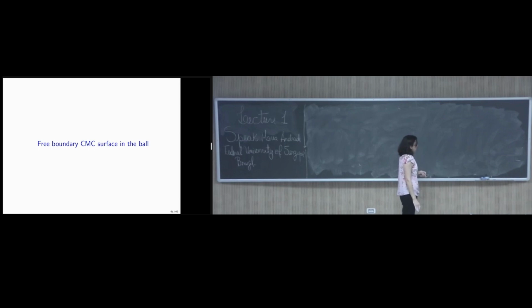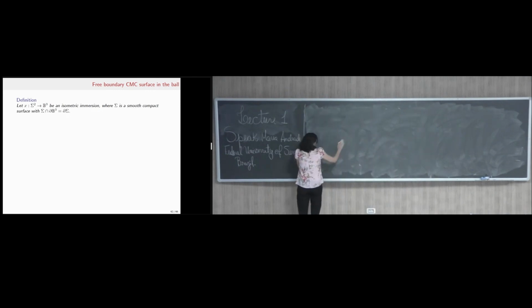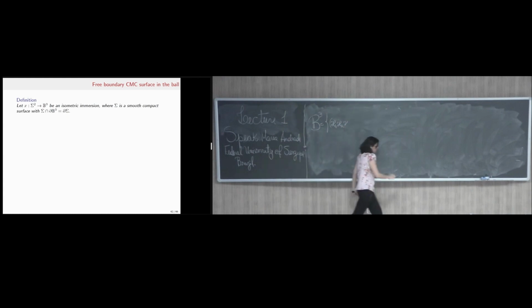First, I give you the definition, and afterwards I talk a little more about this. I consider here the ball. You have an immersion of a surface in the Euclidean three-ball. What do I mean by the Euclidean three-ball? Remember, I put here some definition.